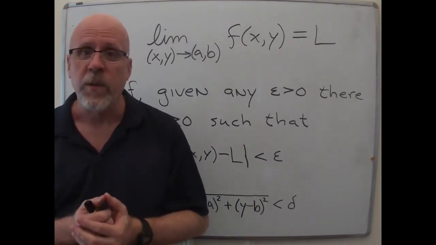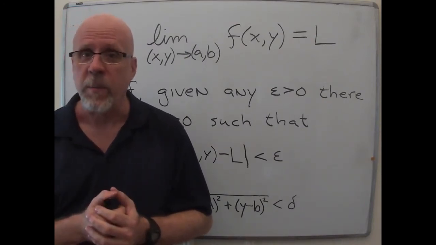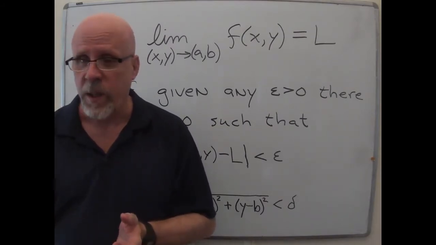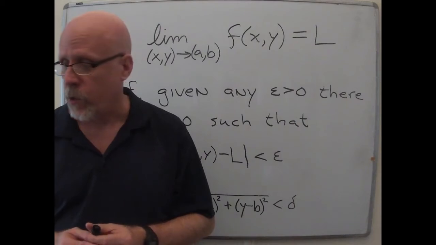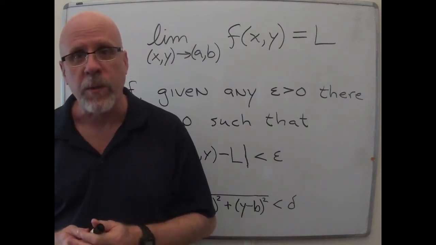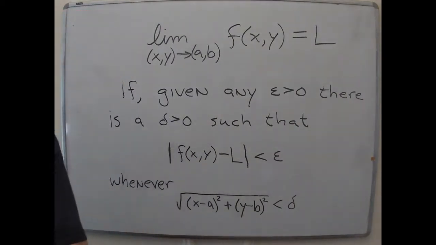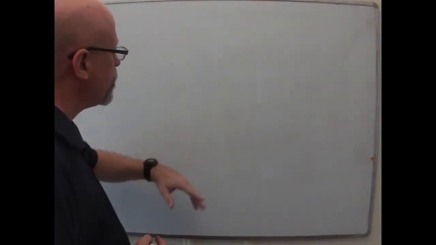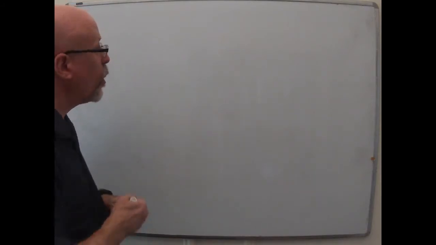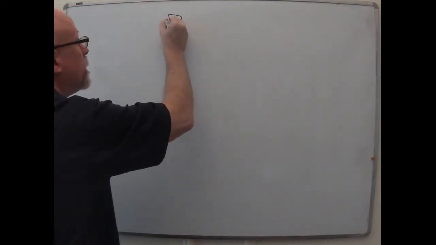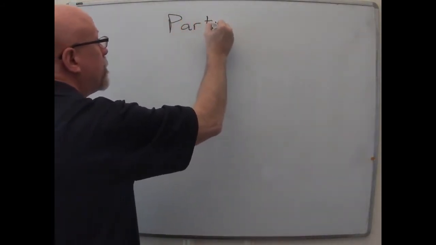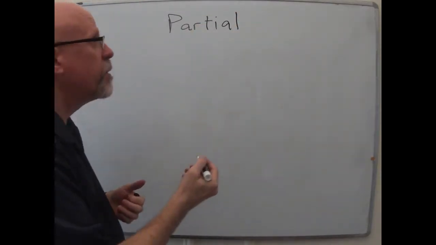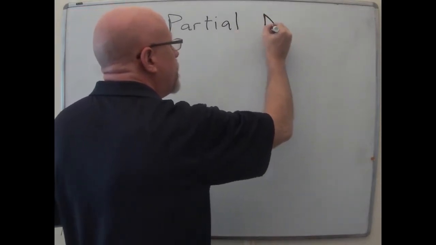I'm going to define the derivative in terms of limits, but there are other ways to approach it. So I'm going to give this whole section on limits a little bit of short shrift here, and we're going to press on to talk about derivatives. We're not going to get the full story about derivatives right away, but we're going to get what are called partial derivatives first. Partial derivatives are what it sounds like. They're part of the answer to figuring out the actual derivative.